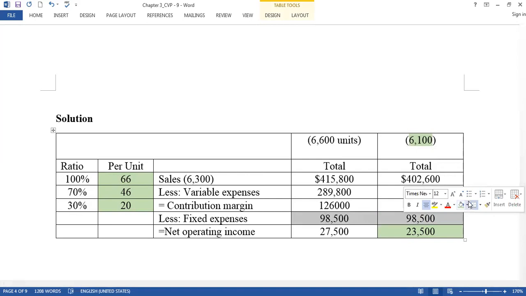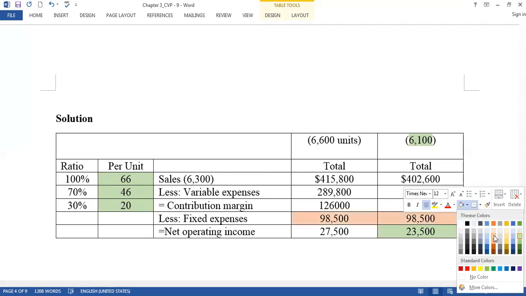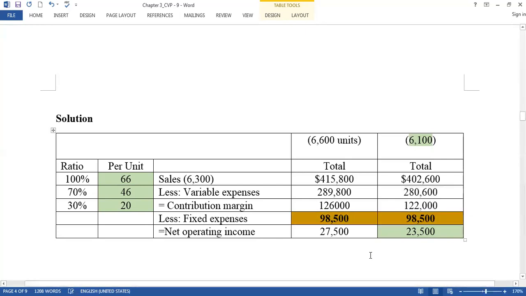If you remember my last class, we explained that the number of units you sell doesn't matter, fixed cost is always fixed. I told you that if you have one phone call, you have to pay $100.